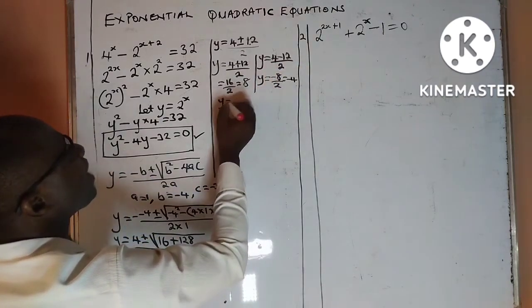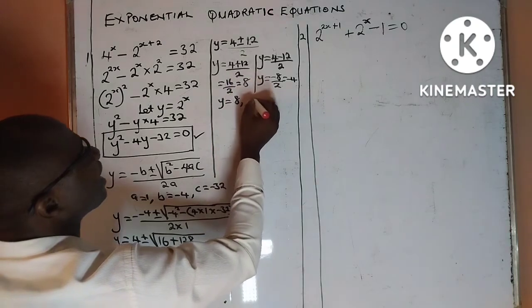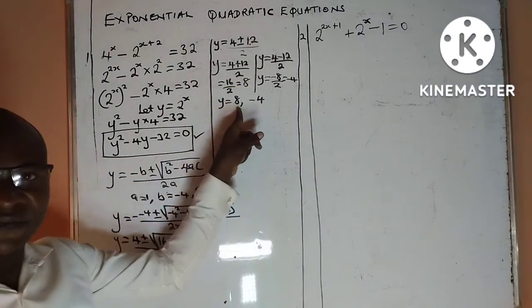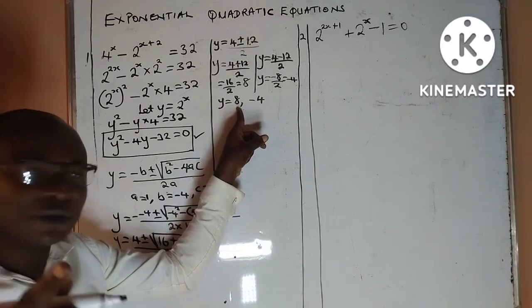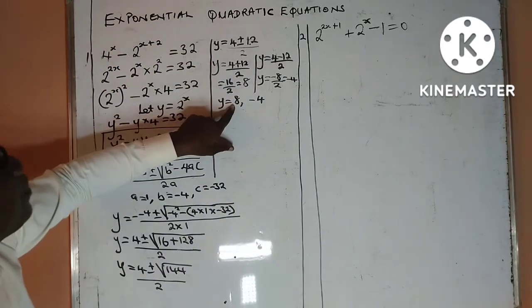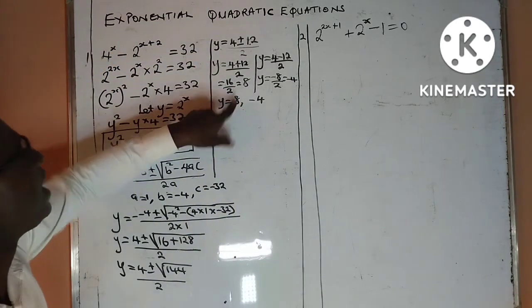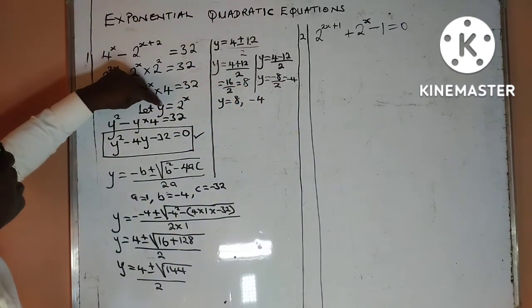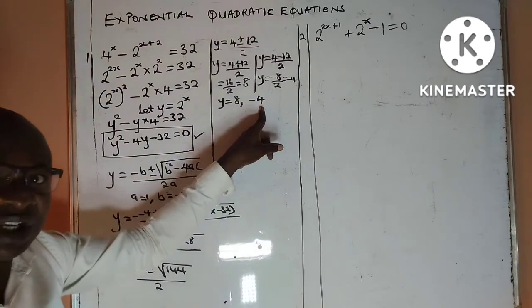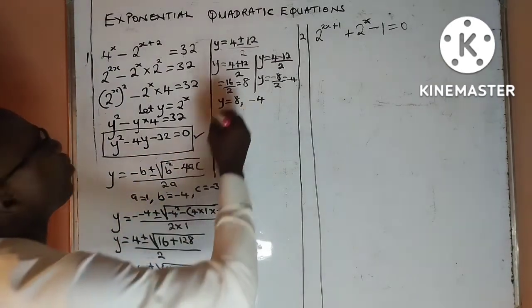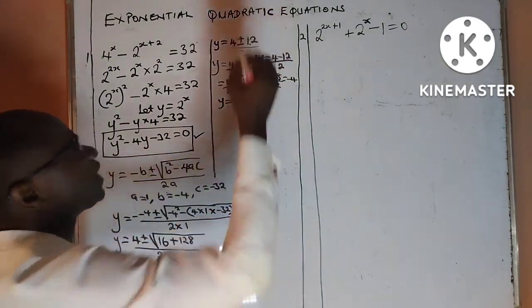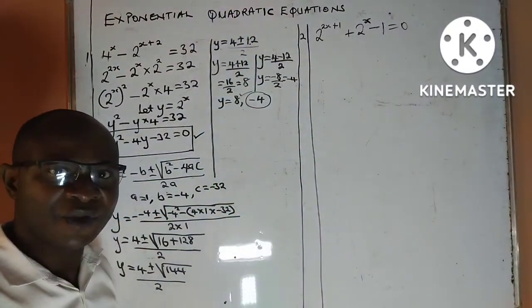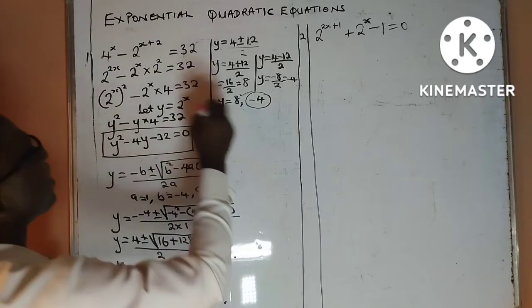So the values of y are 8 and minus 4. I have now gotten the values of y. But if you look, I have one positive value of y and another negative value of y. For me to replace it here, I do not need the negative value of y. What I will use is the positive value of y. So we are not going to use negative 4 to get the value of x.